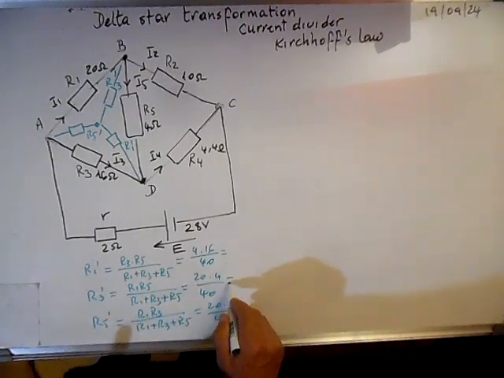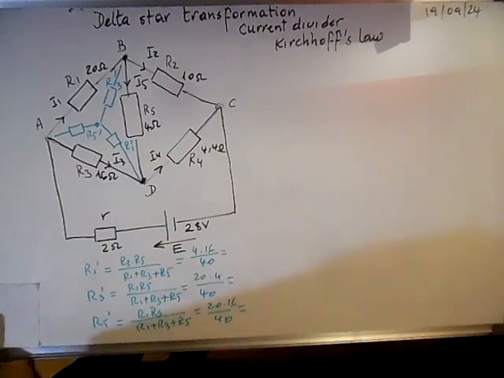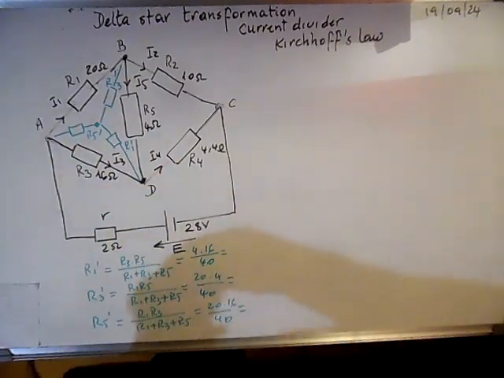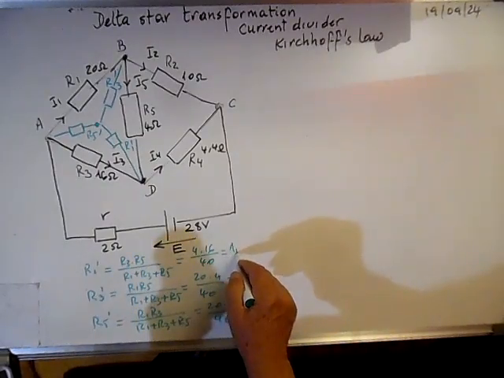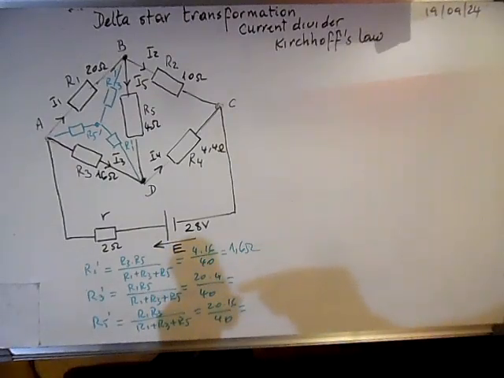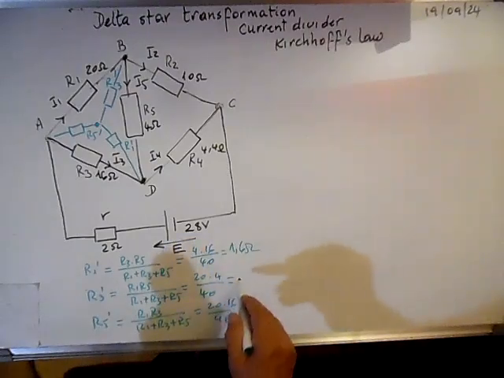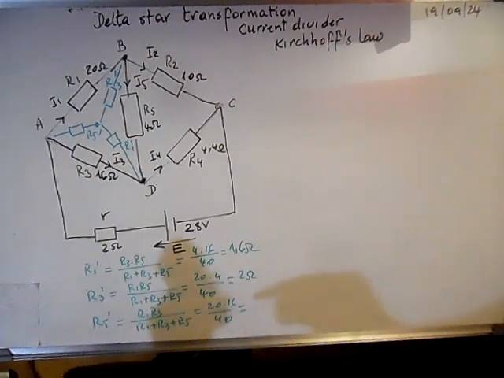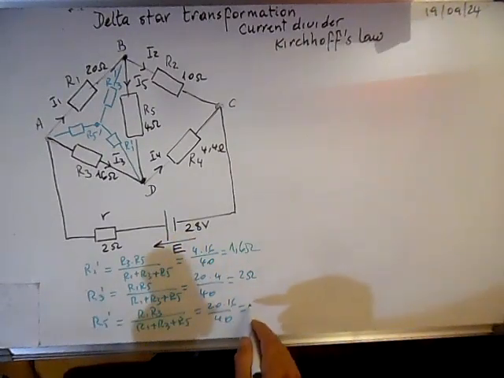So R1 prime, where is the calculator? 4 times 16 over 40, this is 1.6 ohms. 20 times 4 over 40, this is 2 ohms. 20 times 16 divided by 40, it's 8 ohms.